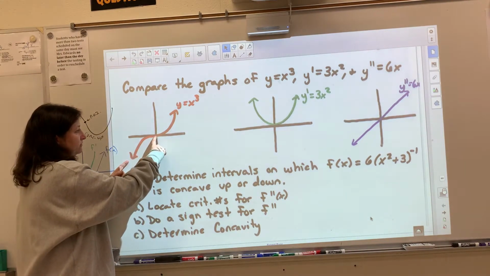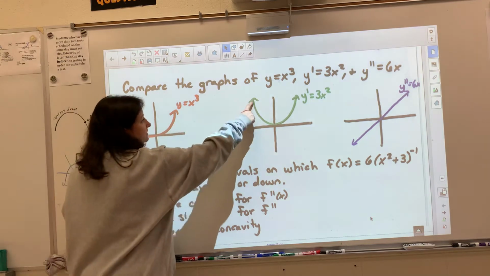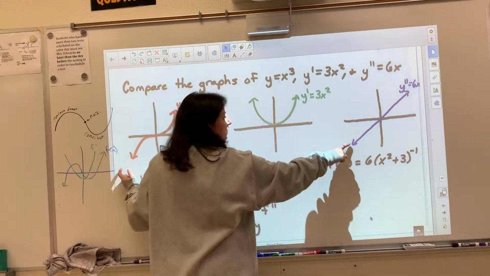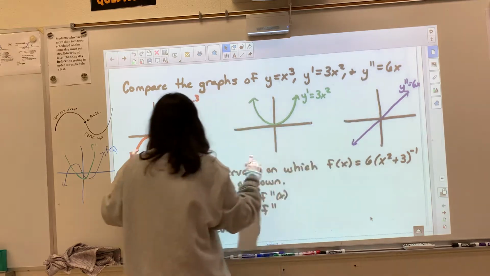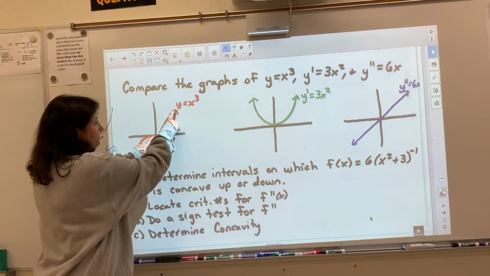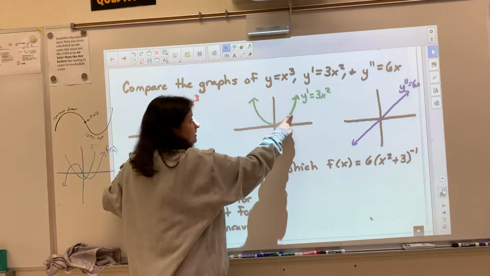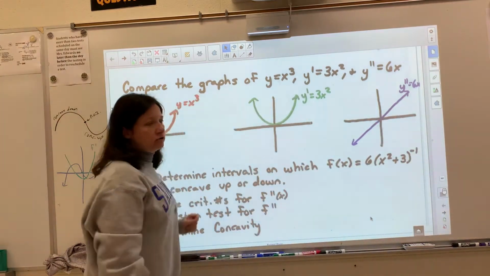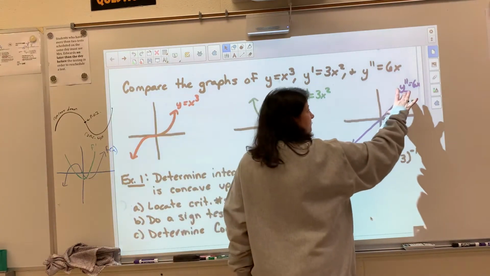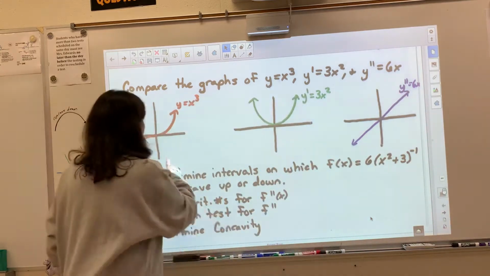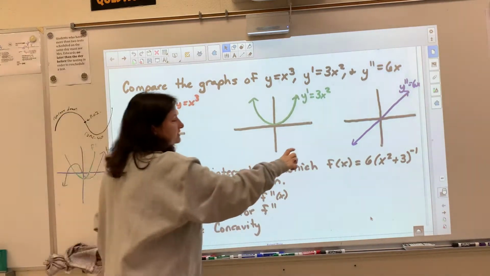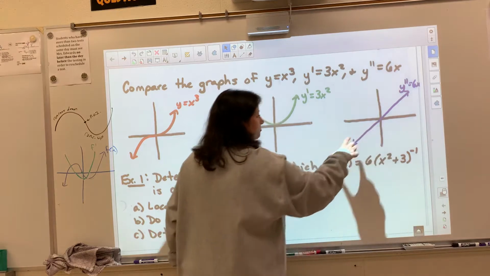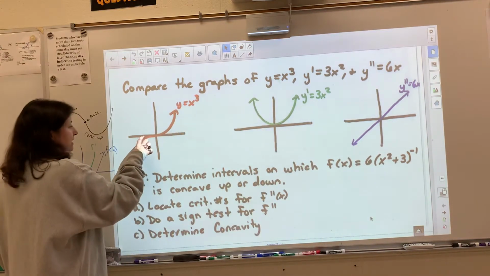Concave down, first derivative decreases, second derivative has negative values. Concave up, first derivative increases, second derivative has positive values. So when the second derivative has positive values, you know the original curves up. When the second derivative has negative values, you know it's concave down.